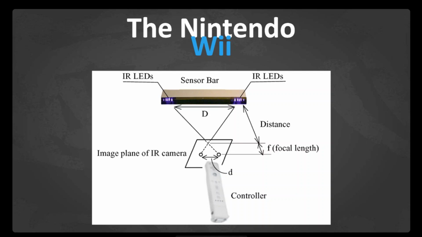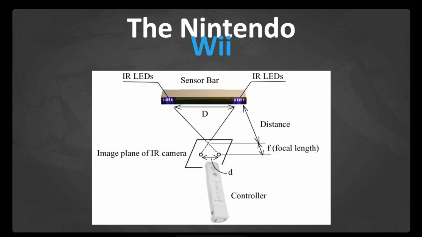It's probably plastic. But behind that is just an IR camera. And it can see all the light that the sensor bar is putting out. And using that camera, the remote is able to determine whether it's changing positions or angles based off of how it's picking up that light. And then it sends that information to the console.